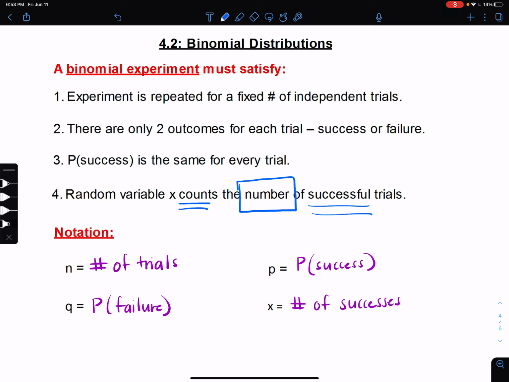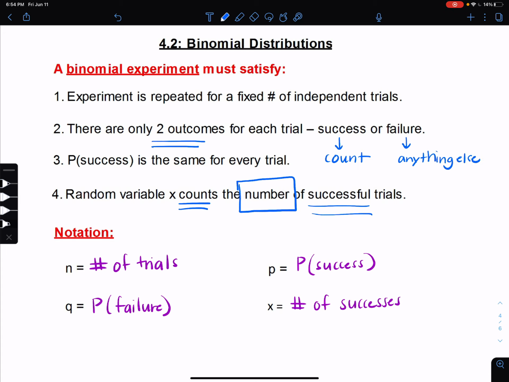So something that you always want to watch out for when you're going to use the binomial distribution is you want to make sure that you're looking at a situation where there are only two outcomes of interest, okay? And whatever it is that you're looking to count, that's going to be classified as your success, and anything else would be classified as a failure.